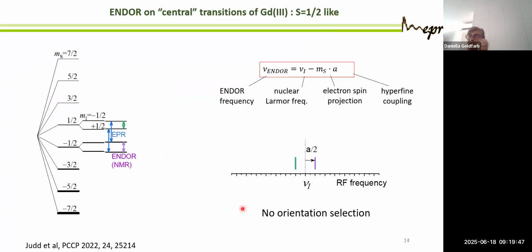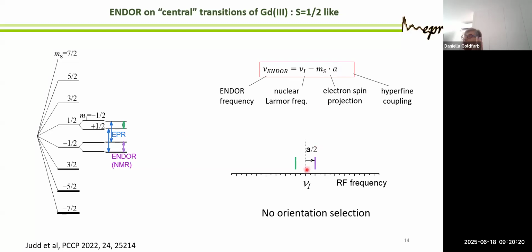Okay, so now the ENDOR, right? Now the energy levels. If we just look at the central transition, then it's really S-half-like. You have these two levels of the electron, and they are split by the nucleus, and you have these two NMR transitions. Their frequency is given by the Larmor frequency minus m_S, in this case either minus half or plus half, times the hyperfine coupling.